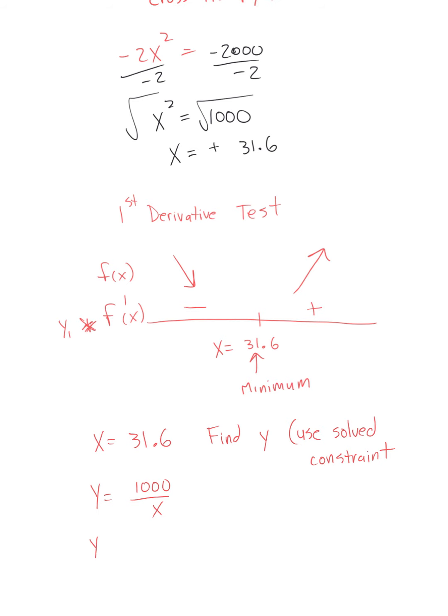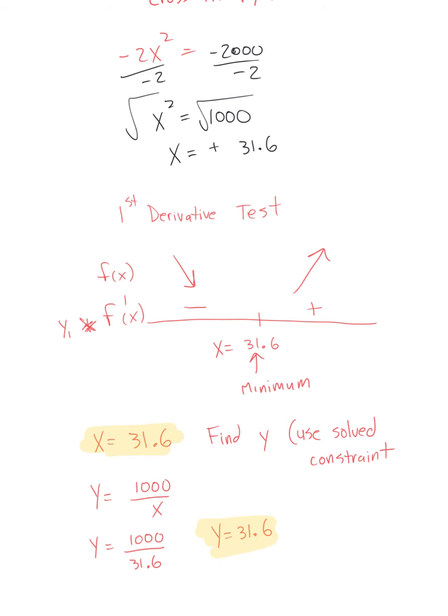So now we have y is equal to 1,000 over my x, which is 31.6. If I divide that out, my y value is also 31.6.